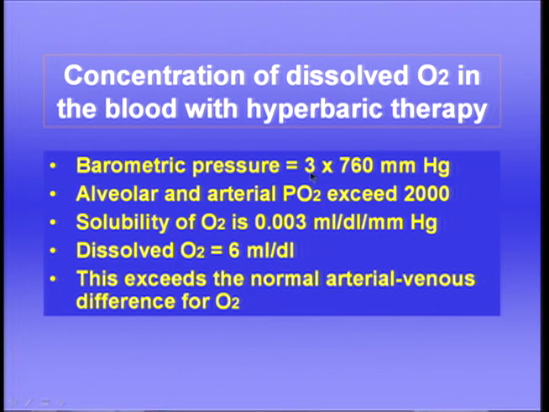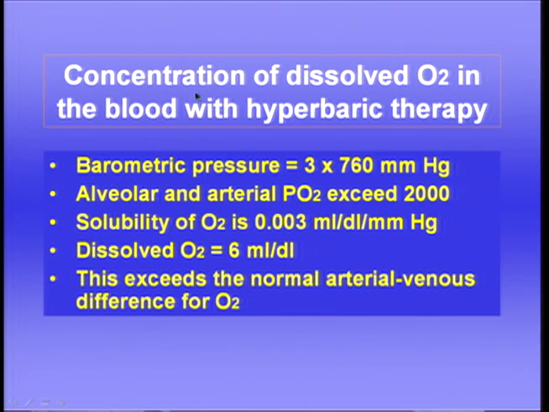Suppose we put somebody in a hyperbaric chamber and we expose them to 3 atmospheres. Okay, we increase the pressure by 2 atmospheres, so they're at 3 atmospheres, and therefore the barometric pressure is 3 times 760 millimeters of mercury. Well, under those conditions, the alveolar PO2 and perhaps the arterial PO2 can exceed 2,000 millimeters of mercury, a very high value.